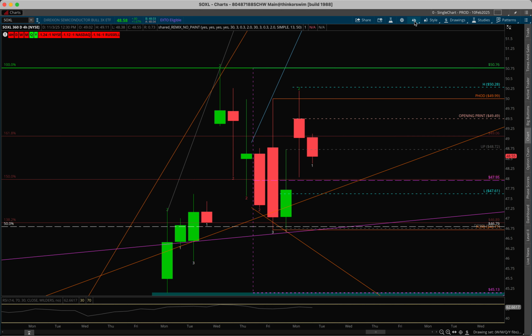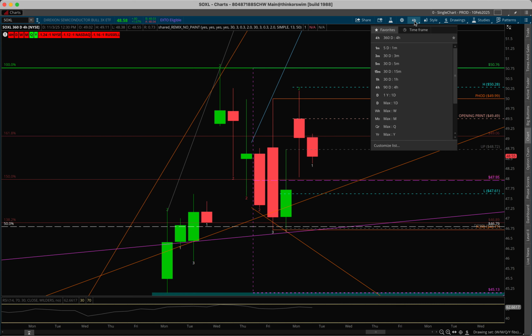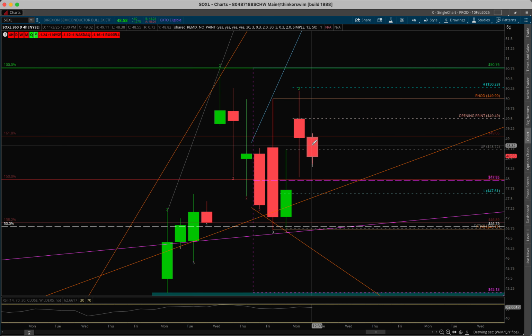So the 4-hour is going to probably be our key here. And even if we do go 2-1-2 up, reversal on the first 4-hour candle of tomorrow, we've got to still watch for the 1-2 up, 2 down on the second 4-hour candle, which, again, just chop, right?